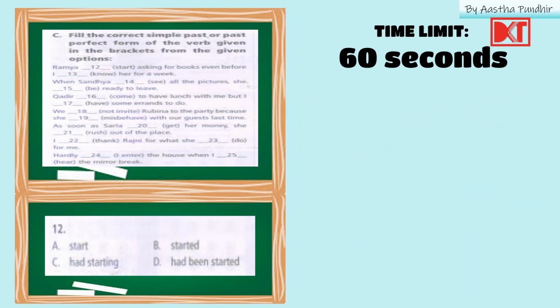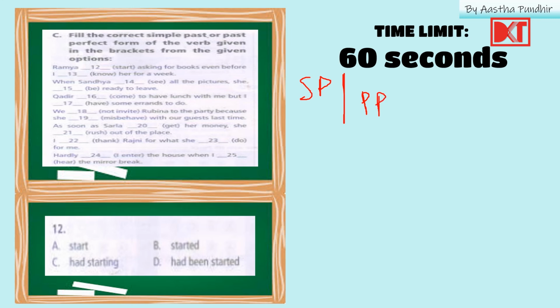Okay, here we have a passage, and for the passage we have to fill in the appropriate option. Let's see. This one says fill the correct simple past or past perfect form. Here this is going to be pretty easy, I think, because the choice is just between simple past or past perfect. It's not going to be that difficult. Let's see.